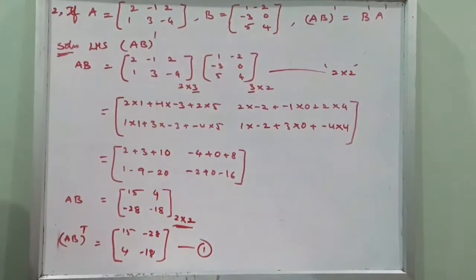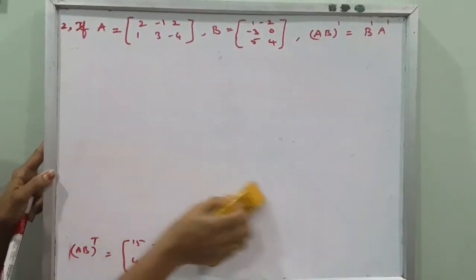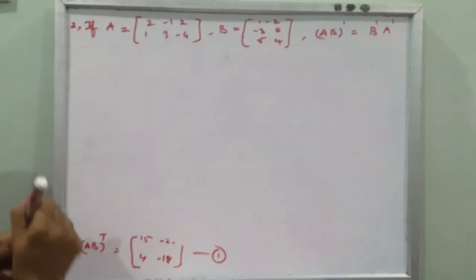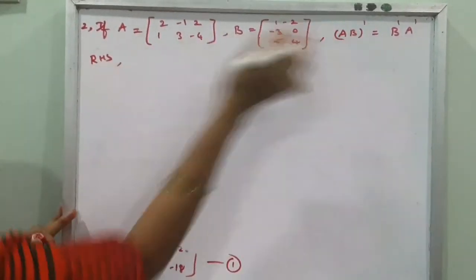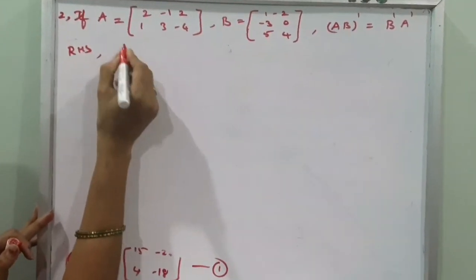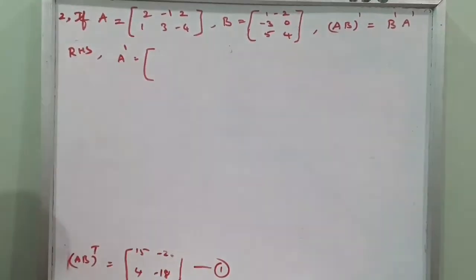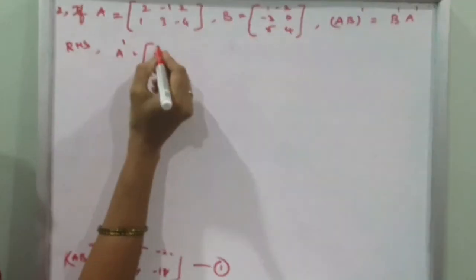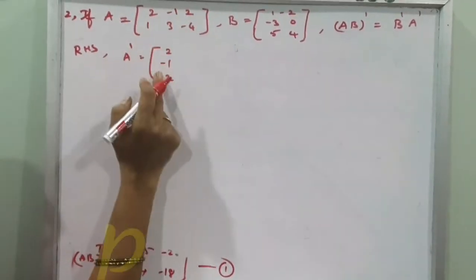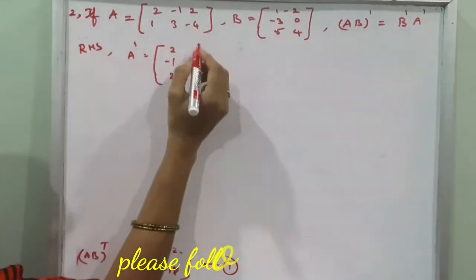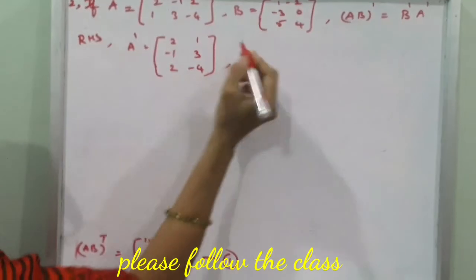Next we have to find the RHS. Here RHS is B transpose into A transpose. For RHS we have to find A dash and B dash. From A matrix, A transpose or A dash is first row in first column, 2 minus 1 2, second row in second column, 1 3 minus 4.